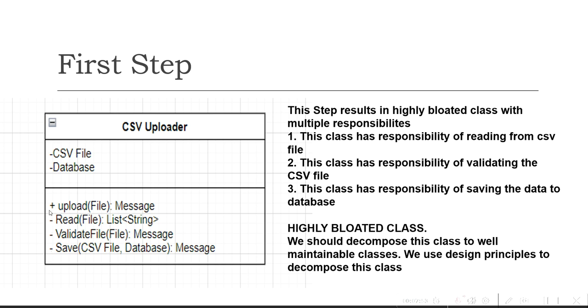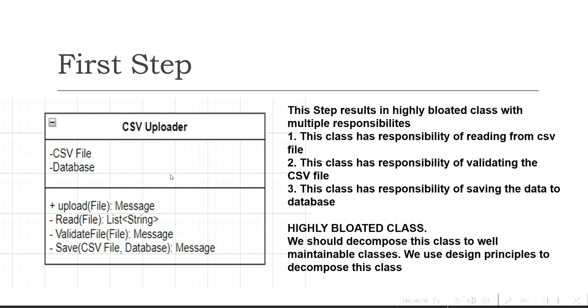The plus sign is basically your public functions. Minus sign is your private function. You don't need to worry about those things right now. You can look at any YouTube video on how to write class diagrams. The main essence of this video is to identify classes and their responsibilities. Responsibilities basically are your methods, right? So this is the main class.